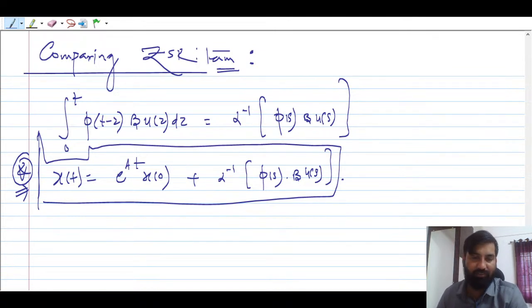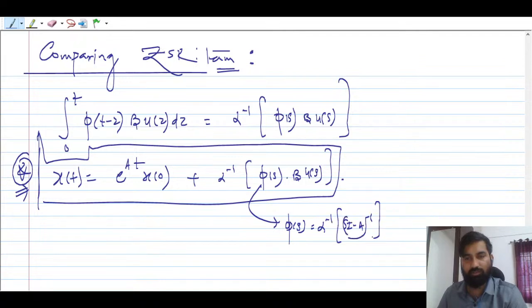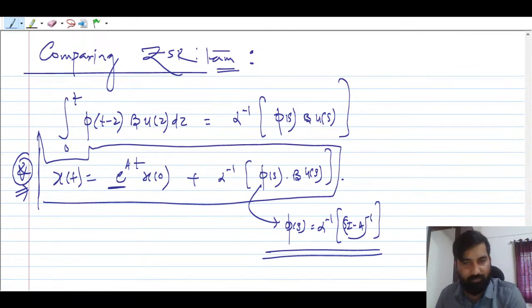And what is this phi(s), guys? Remember, phi(s) is the Laplace transform of e raised to power At.